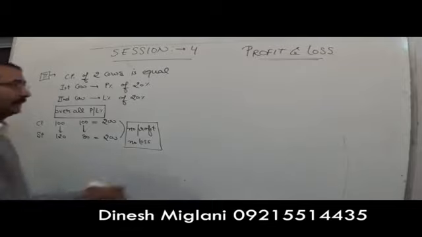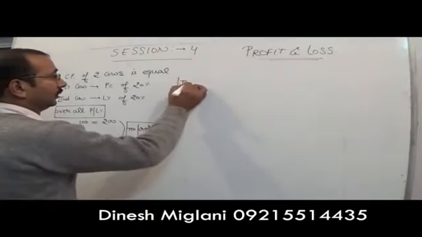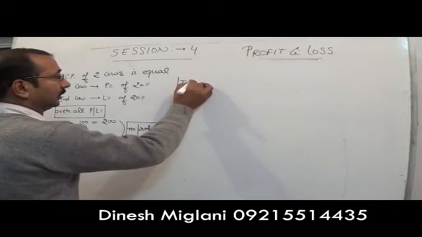On the other hand, if I just change my question, the first cow is sold at a profit percent of 20% and the second cow is sold at a loss percent of 40%, and we have to find what is the overall profit or loss percent. If I use this approach, my first cow cost is 100 and second cow cost is 100, that is CP.